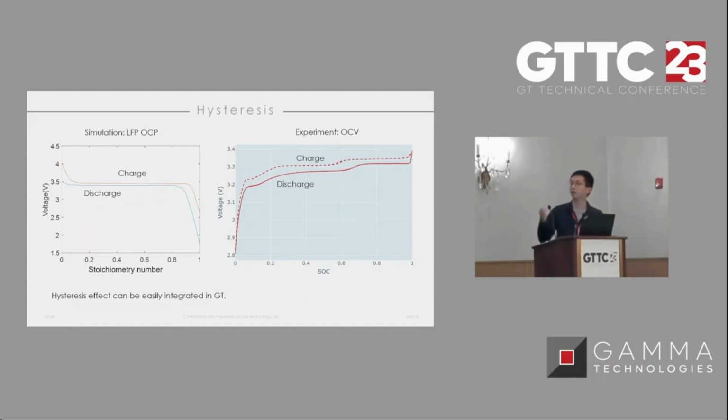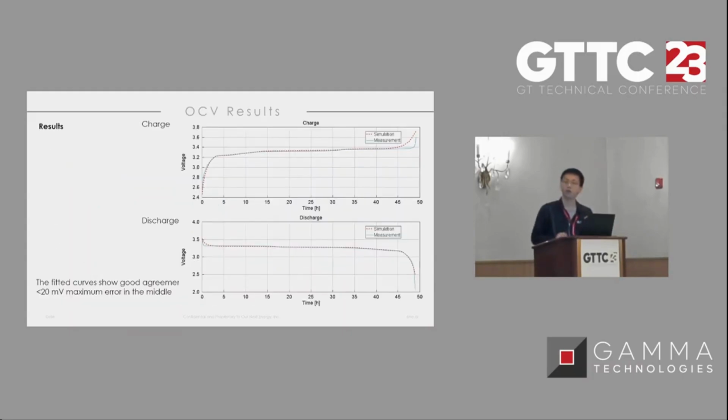When we have the half cell potential of LFP, we have different curves for the voltage with respect to the stoichiometry numbers, so that the hysteresis effect can be integrated into GT. So this slide shows the results after getting the five numbers in the simulation.